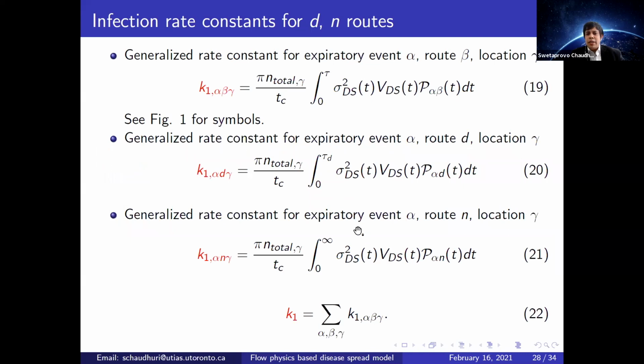Number one, the size of the cloud which contains the droplet nuclei is much larger. But more importantly, here we are integrating over a large amount of time. So the chance of getting the contribution by the nuclei is much larger because of the persistence of the nuclei, whereas the droplets only persist for a small amount of time. Tau_D is much, much smaller than the time for which the nuclei persist.